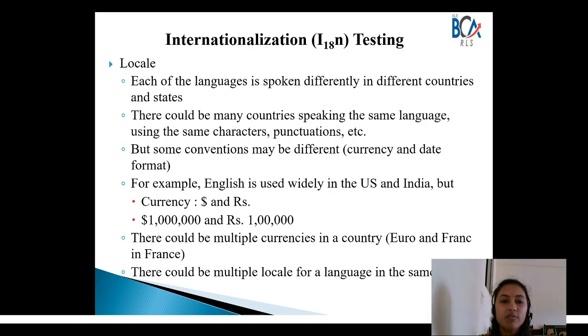So in the example, $1 million is shown like this, and 1 lakh is shown in rupees in India. There could be multiple currencies in a country itself, like in Europe, where there are two currencies, the euro and the franc in France. So there could be multiple locales for the language in the same country.